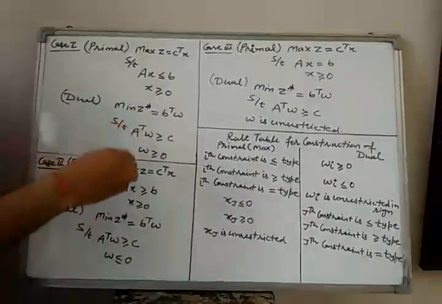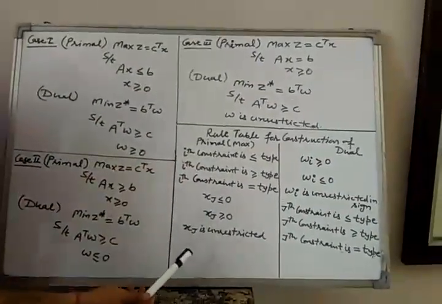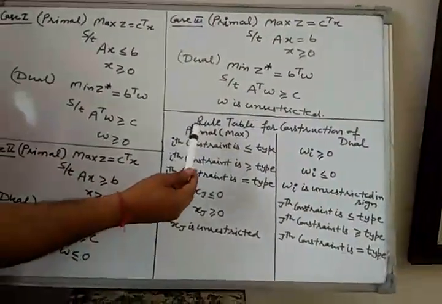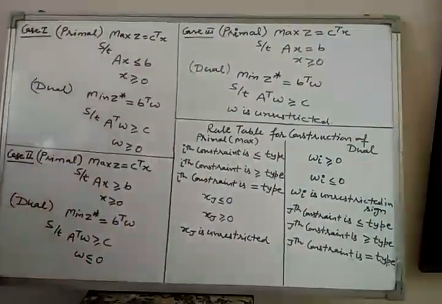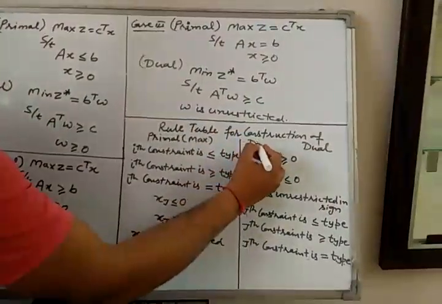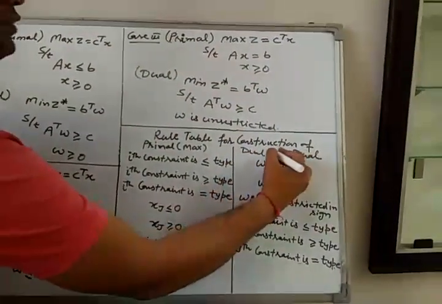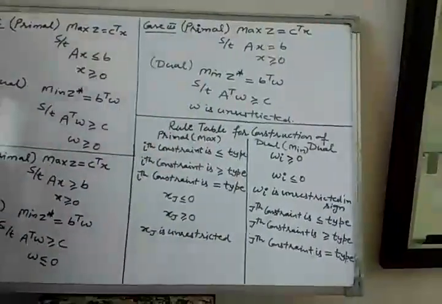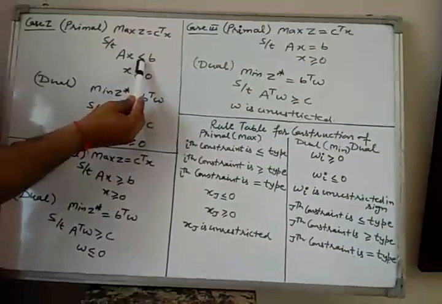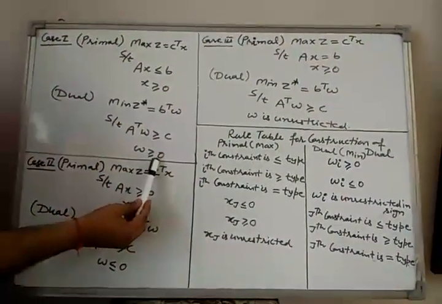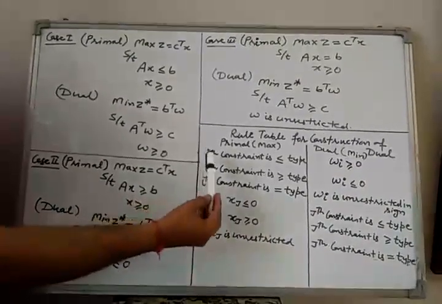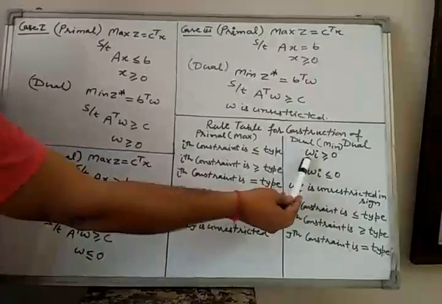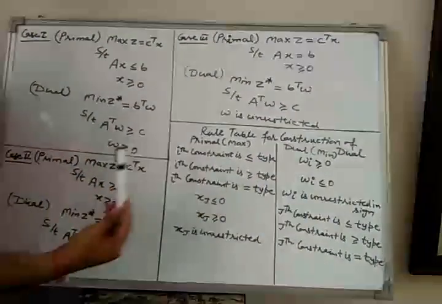Now we put this information in the form of a table. This is the rule table for construction of the dual. Let us take the primal as a maximization problem and the dual as a minimization problem. If inequalities are less than or equal to type, then dual variables are greater than or equal to 0. Here, if the ith constraint is less than or equal to type, then the ith dual variable is greater than or equal to 0.